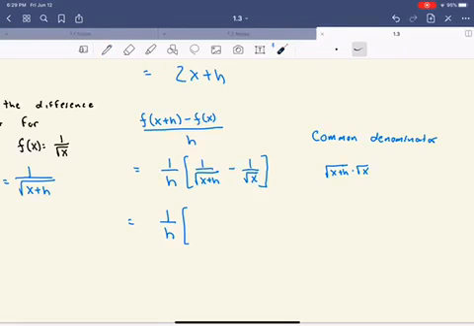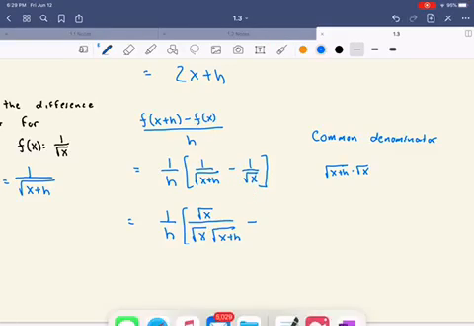So this term over here is missing the square root of x. So we're going to have the square root of x over square root of x plus h minus this term here is missing the square root of x plus h.